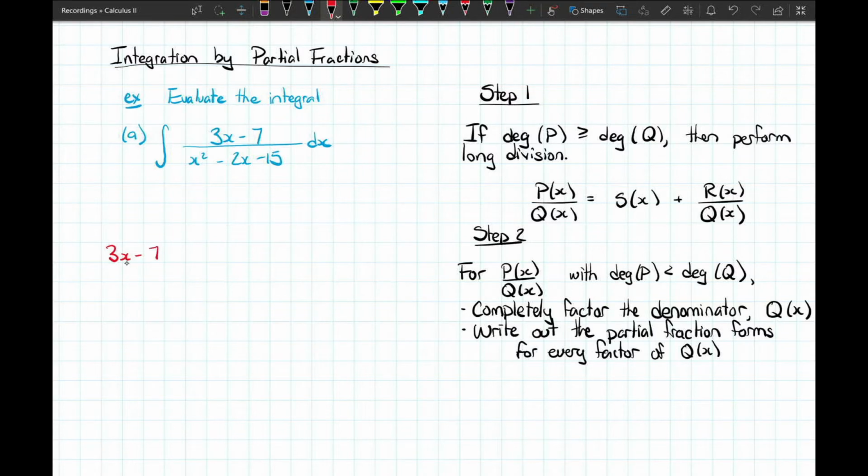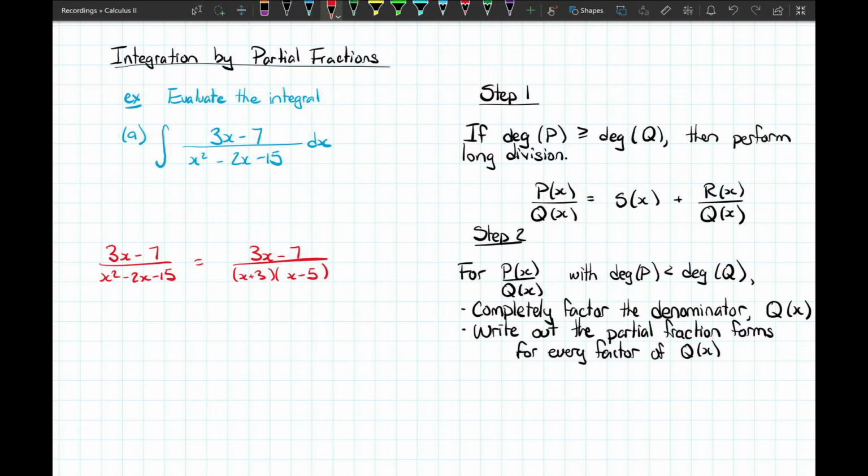Let's just take our rational expression, linear over quadratic, and see if we can factor that into two linear factors. If not, then we'll have to say that this is an irreducible quadratic. But we can factor this denominator. It can be factored into x plus 3 and x minus 5.